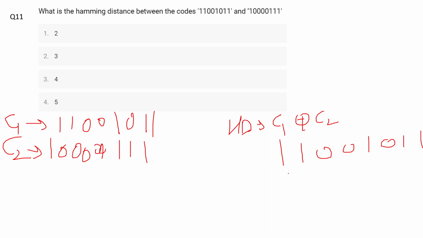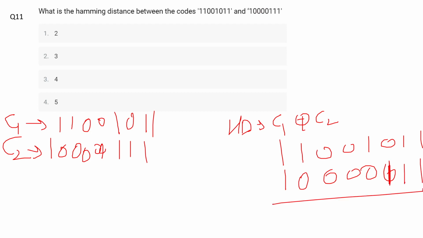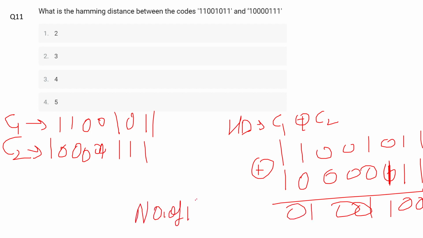So we have 11001011, and the other we have 10000111. Now we'll do the XOR operation. So it's 0, 1, 0, 0, 1, 1, 0, 0. So the number of ones is 3.